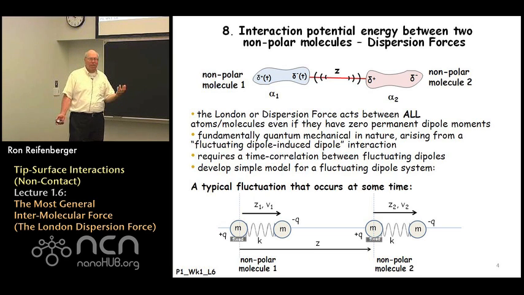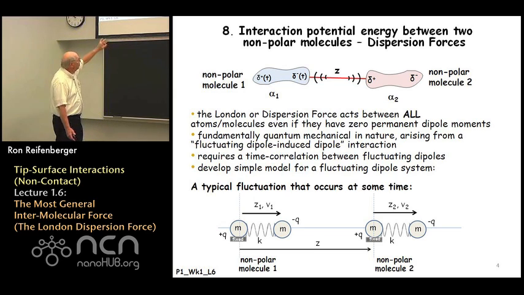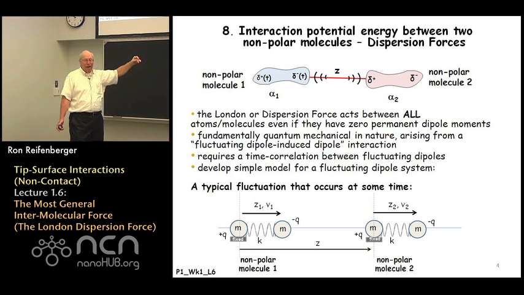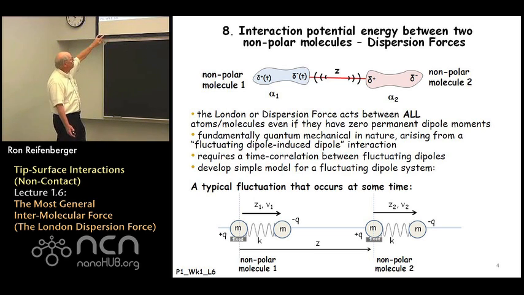You might expect that at some instant in time, the displacement of the spring is zero, so these two masses lie one on top of the other, and the net charge of this spring system would then be zero. But at some instant in time, it's possible that there could be a fluctuation. That instant is captured in this cartoon.